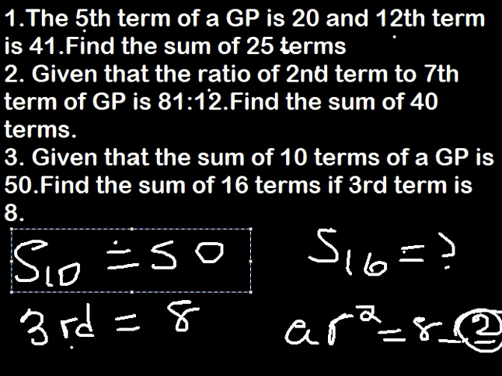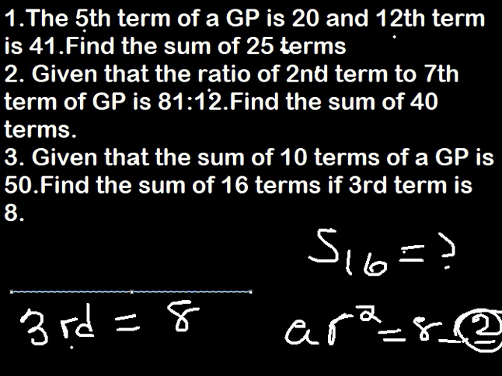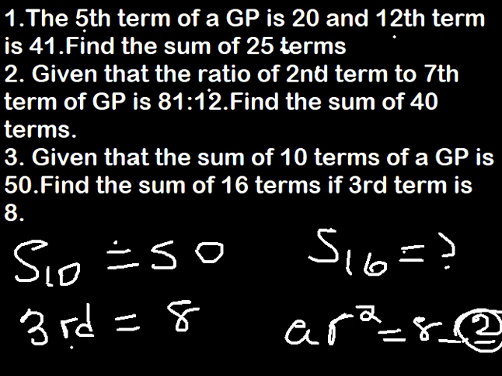So we'll have 50 is equal to, using whichever formula, either the first formula or the second formula, because we are not sure whether the common ratio is less than 1 or greater than 1, but we just have to use any equation.